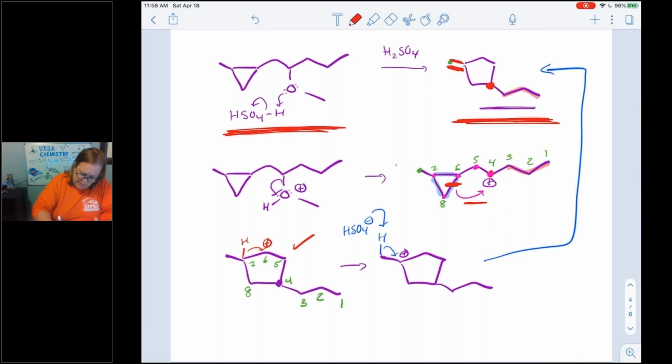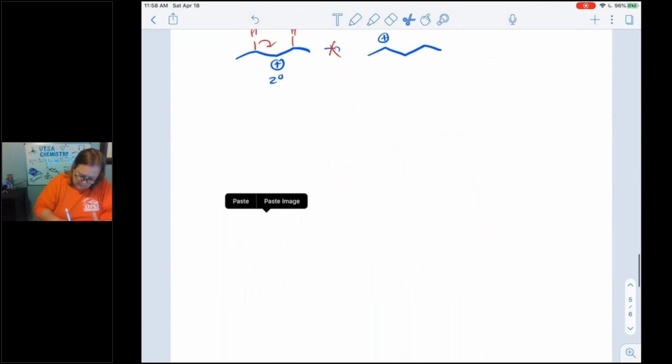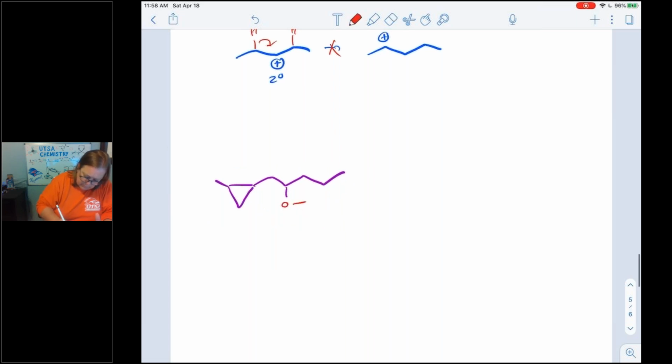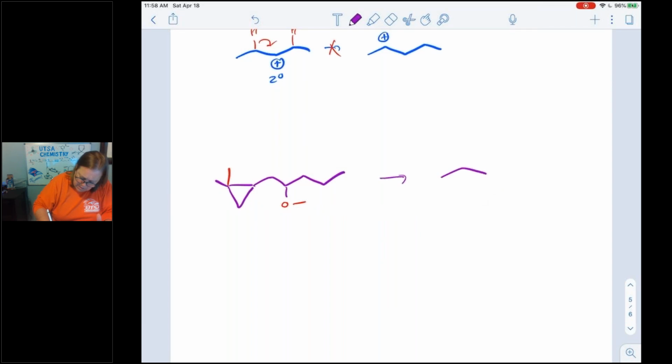Theoretically, if I were to give you this here, and then I would ask you to go here, you would have to know that the only way I could get to that product would be through a methyl shift. You see what I'm saying?